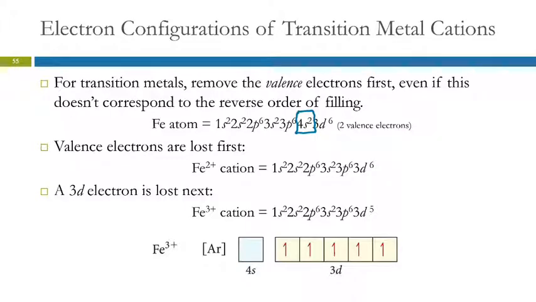They got taken off first. And then we've got 3d5. You can see why that might be a good ion because you've got half filled, right? It's nice. Any questions? So for transition metals, you remove the valence electrons first. For main group, you just go reverse order of filling.